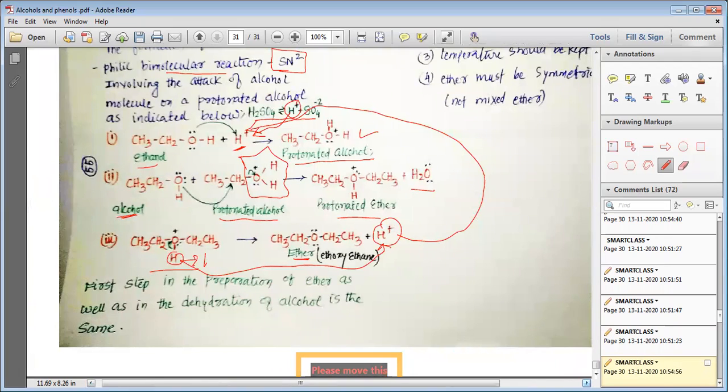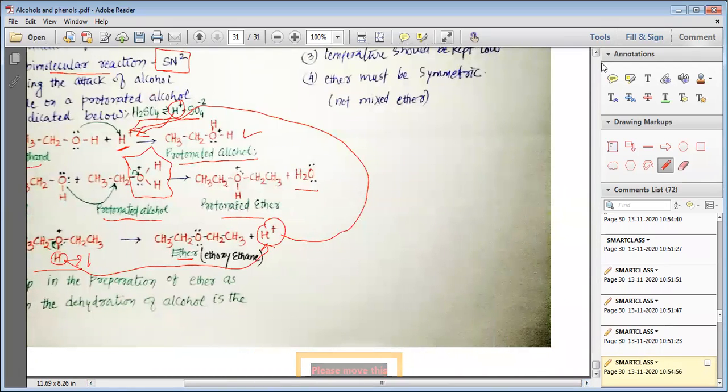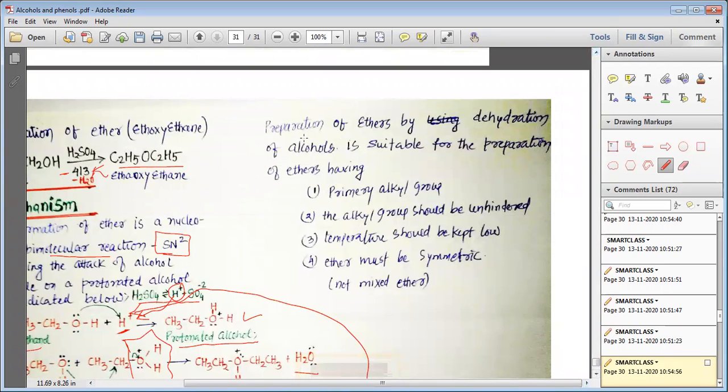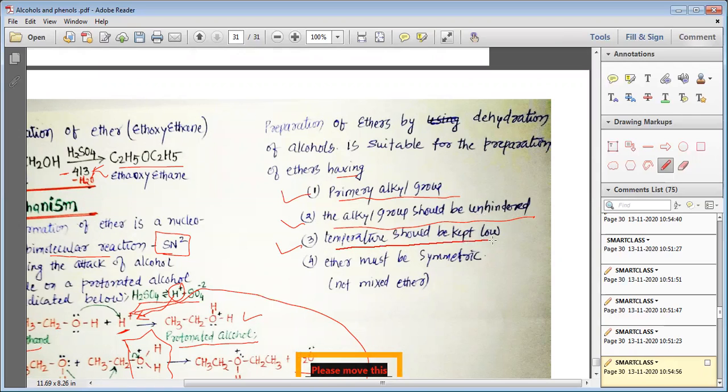Now, my dear students, we can see what kind of ethers are produced by the dehydration of alcohol. Preparation of ethers by the dehydration of alcohol is suitable for ethers having only a primary alkyl group. Second, the alkyl group should be unhindered. That means it is primary, it should not be secondary or tertiary. The third one is the temperature should be kept low, that means 413 Kelvin.